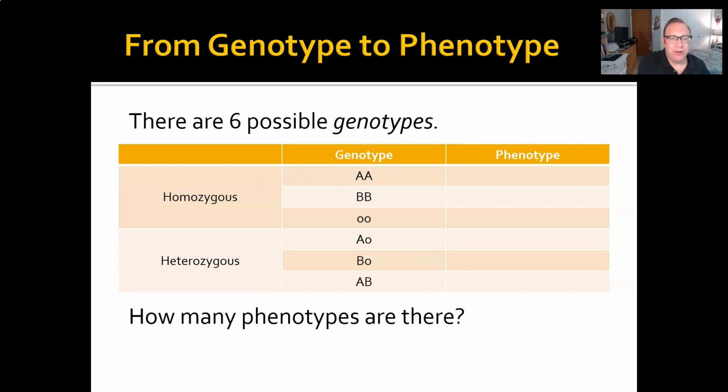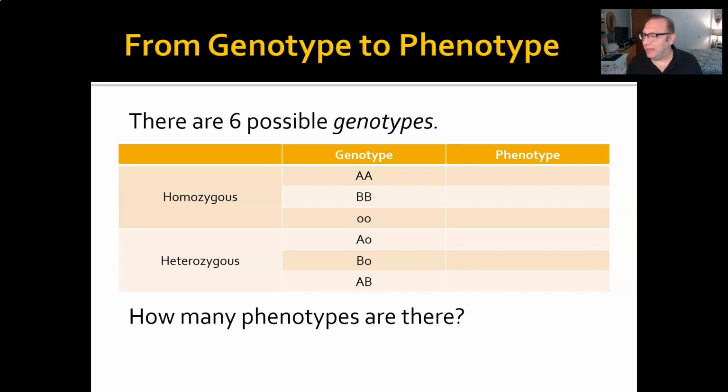You can either have genotype AA, BB, OO. Those are all homozygous. That is, they are made of the same allele. You have two copies of the same allele in each of those. Then you can have heterozygous combinations, which are AO, BO, and AB. It doesn't matter what order you put them in, but traditionally we put the dominant one first, if that makes sense.